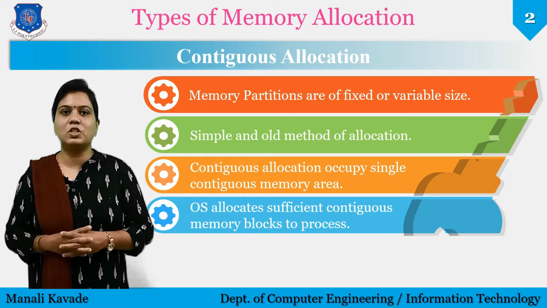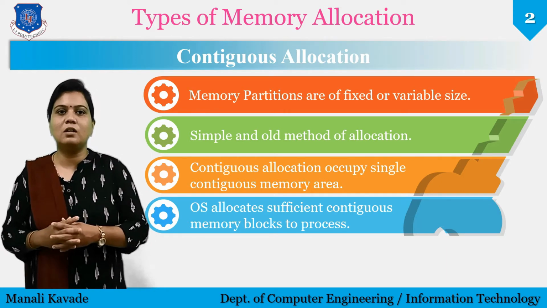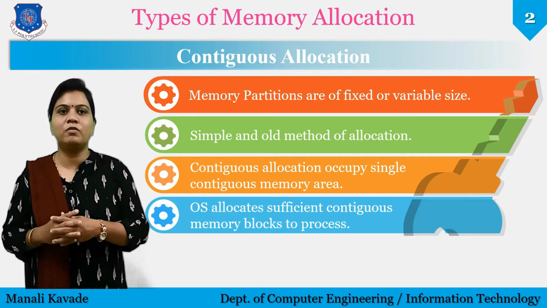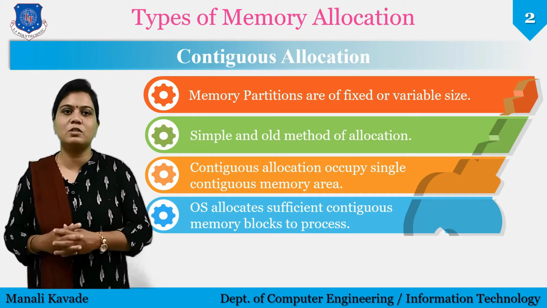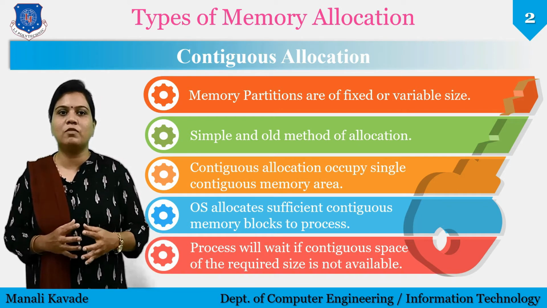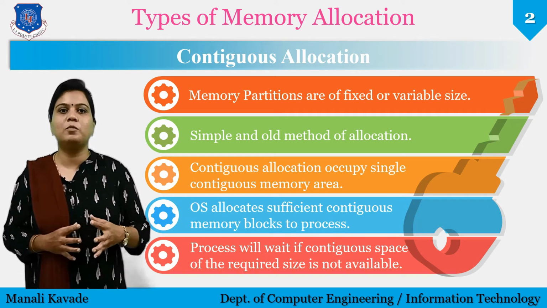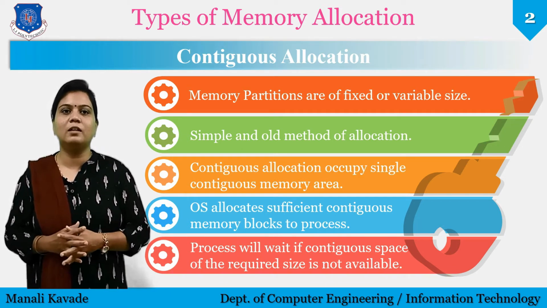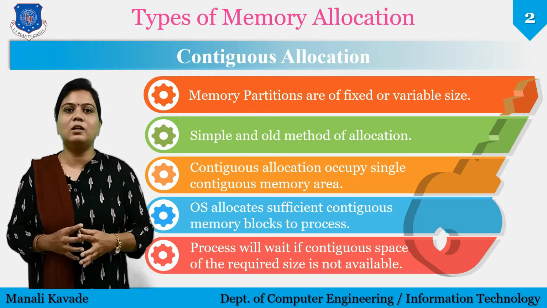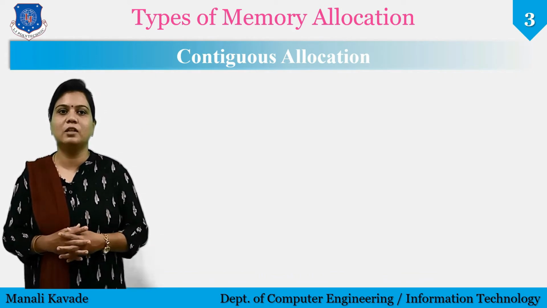Contiguous memory allocation is basically a method in which a single contiguous section or a part of memory is allocated to a process. If contiguous memory space of required size is not available in main memory, then the process is made to wait until contiguous space of required size is available.